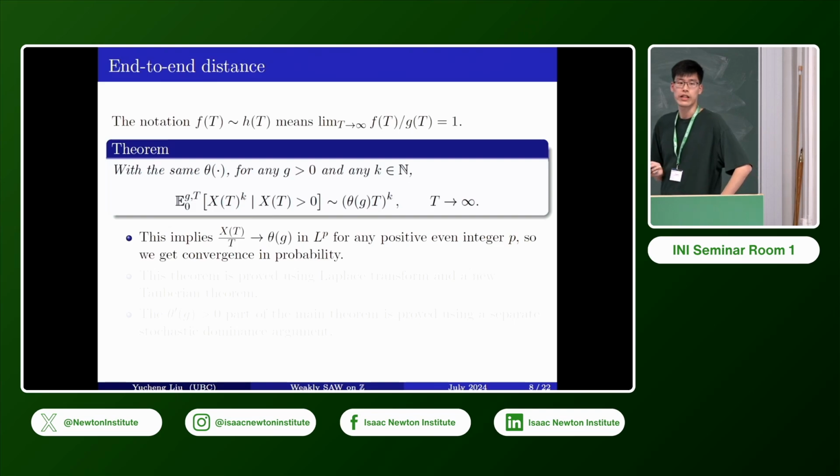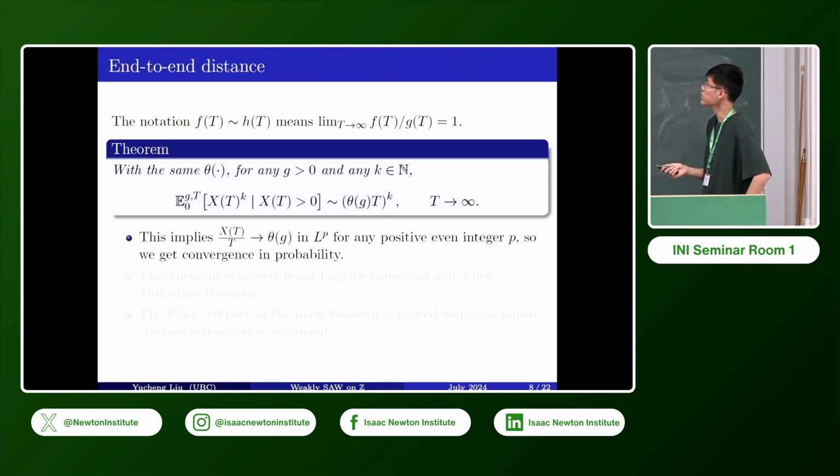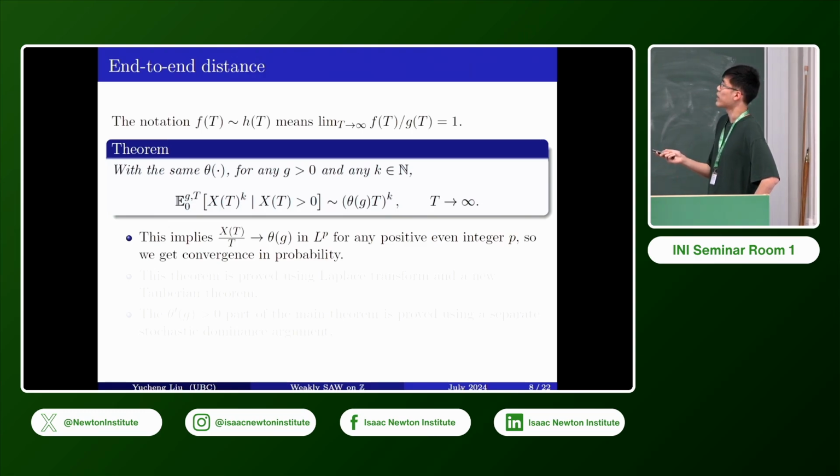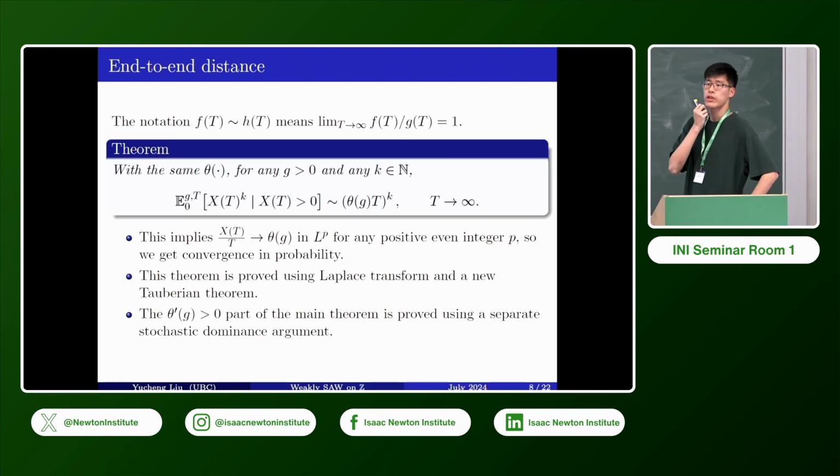So in particular, we get the convergence in probability stated in the last theorem, the main theorem. And actually, only k equals 2 is enough for this convergence, but we prove it for any k. And we prove it using the Laplace transform and the new Tauberian theorem.